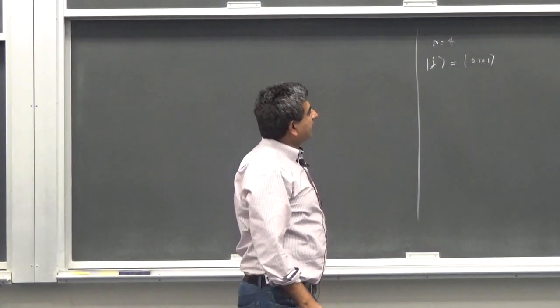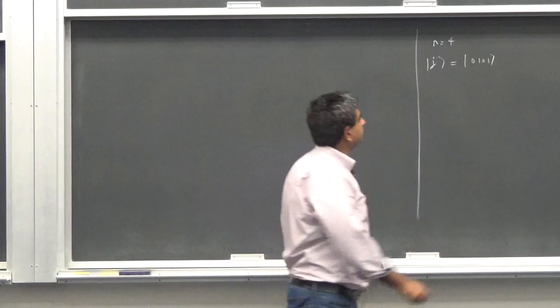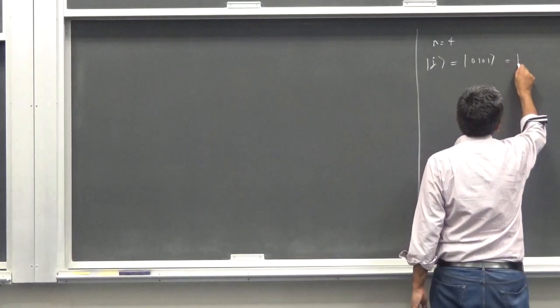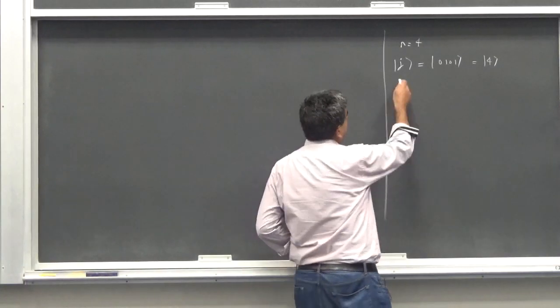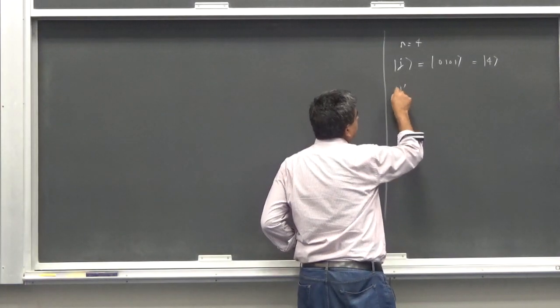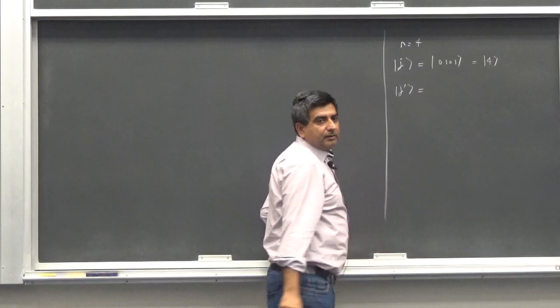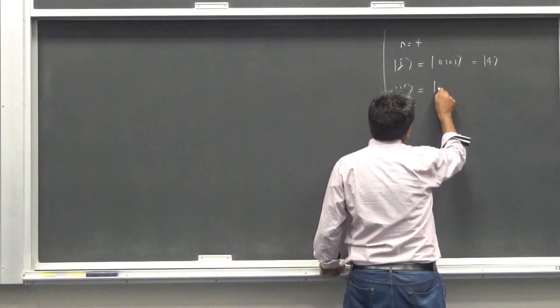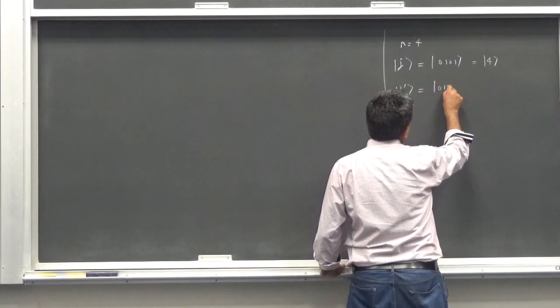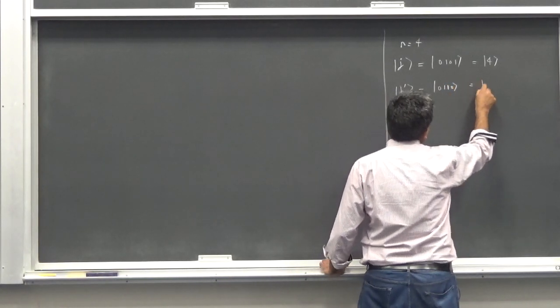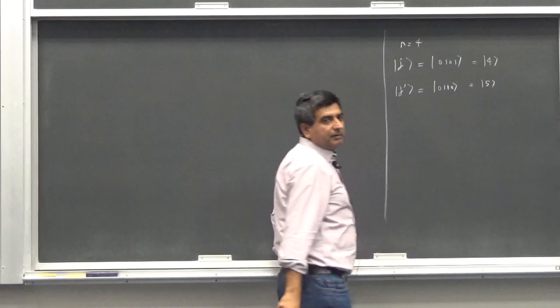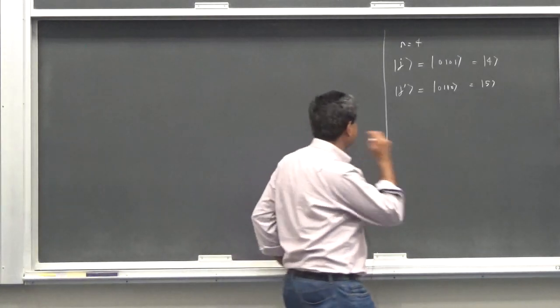Right? So this is the number 5. Let's choose another number: 0, 1, 1, 0. This is the number 6.